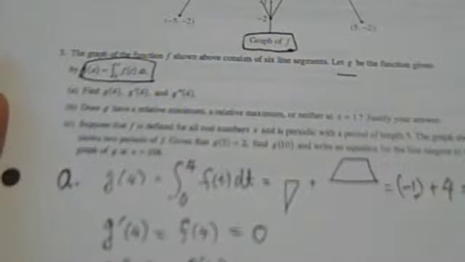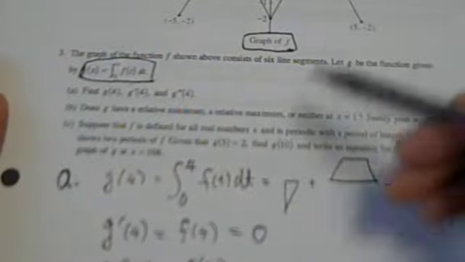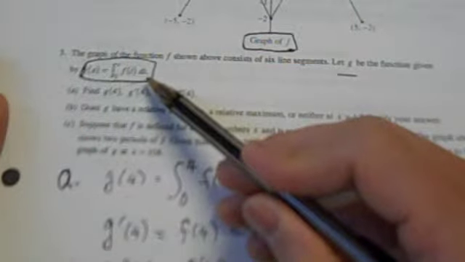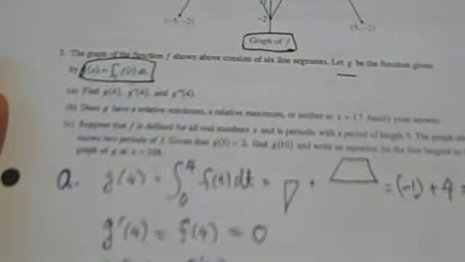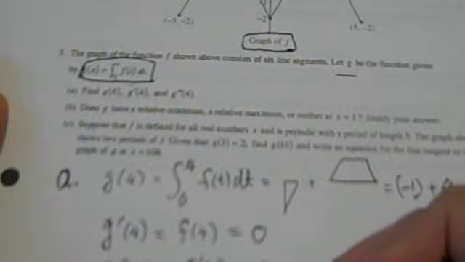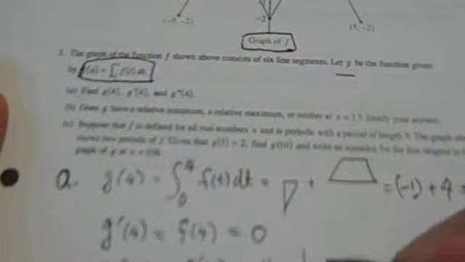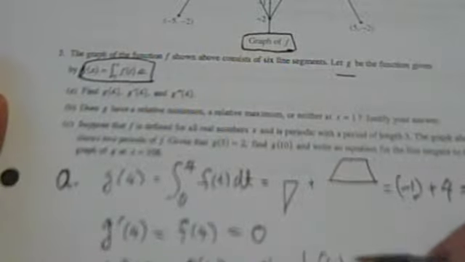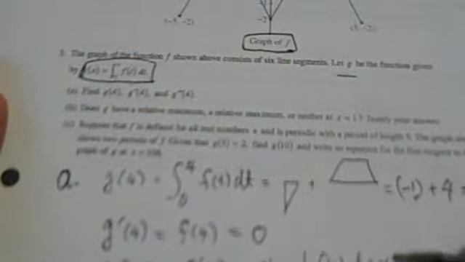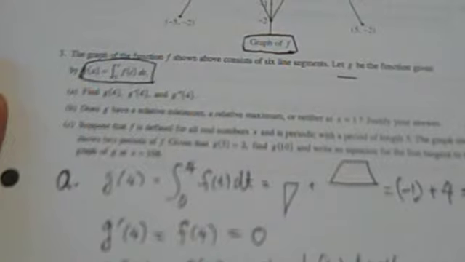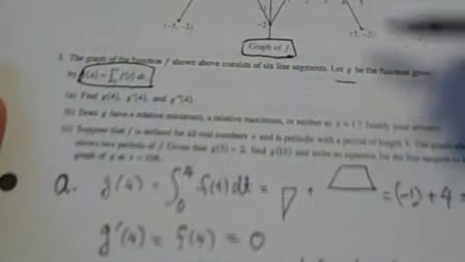So g double prime of 4, according to the relationship between g and f, is that g double prime is f prime. Now f prime simply means the slope of f of x at x equal to 4. Right? Slope.